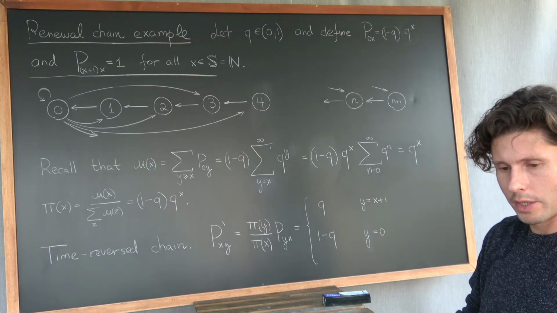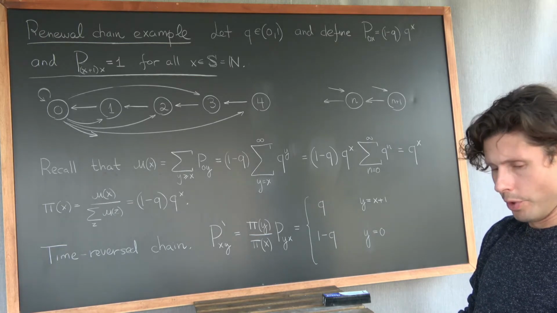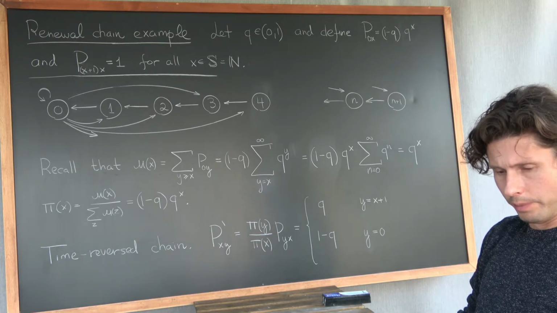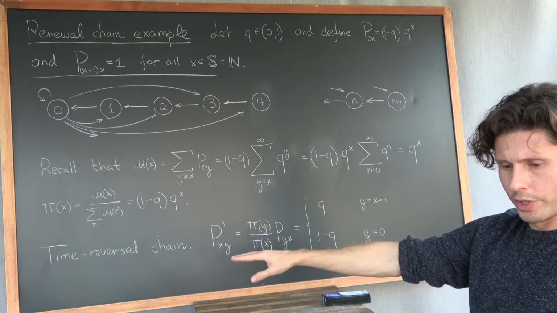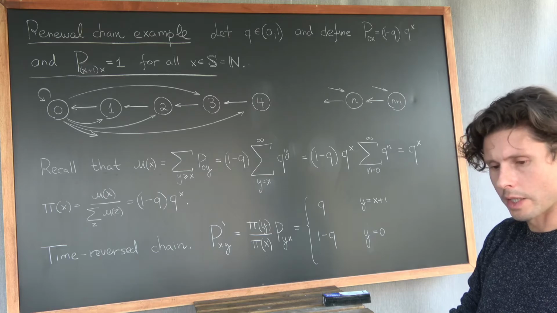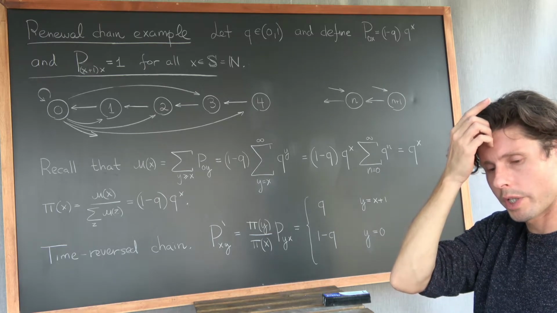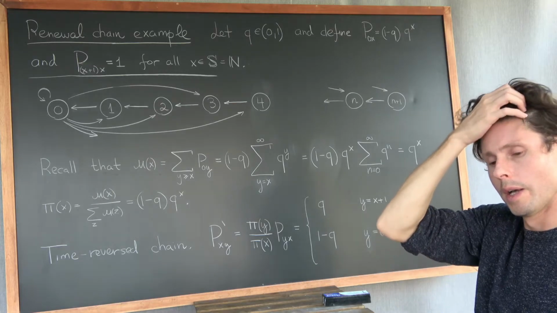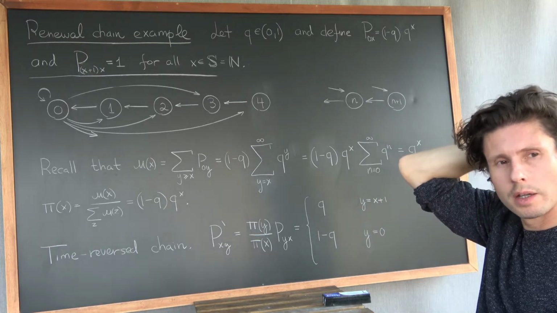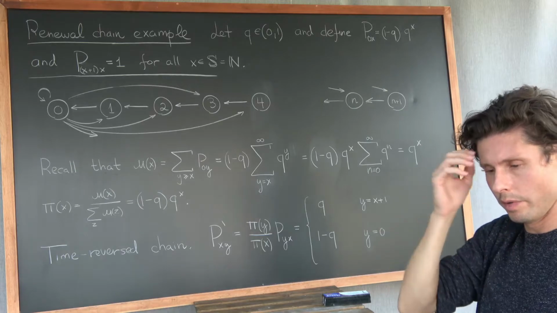So you have a well-defined stationary distribution here, and we can even start constructing the time reverse chain in this case. But before we do this, let's explore a little bit what the intuition is telling us. So the question is, is this process time reversible? Is it a reversible process?